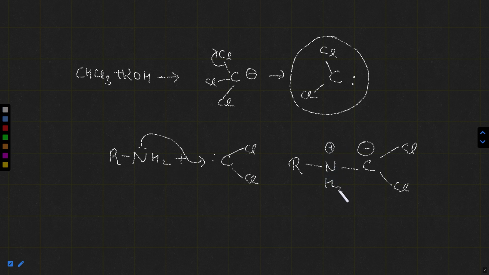Okay, no problem till now. Now next, this extra bond will come here, and you will get RNH. This Cl will be kicked out. You will have one Cl only with a negative charge.